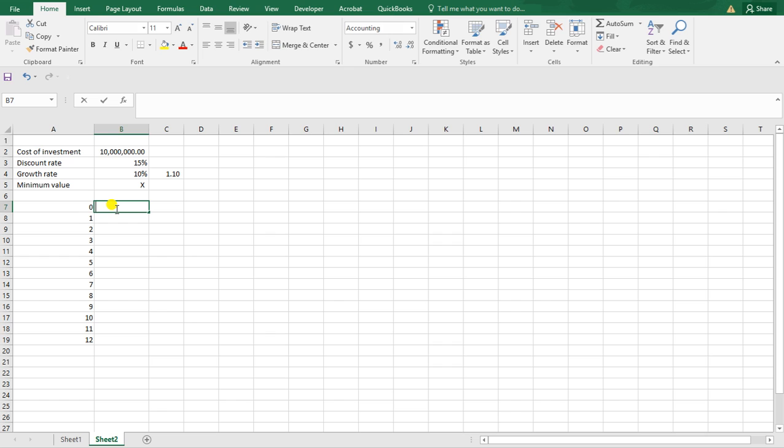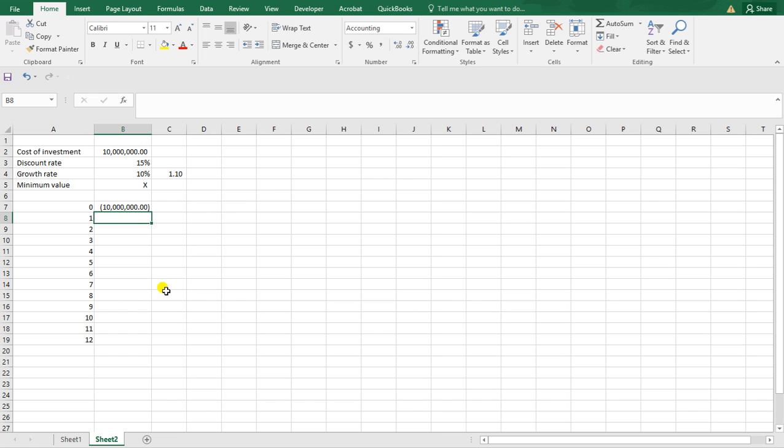So year 0, I'm having an investment of 10 million, which is our outlay. Year 1, I'm having X, which in this case is what? X is 1. Year 2, I'll be having X times the growth rate 1.1, right?